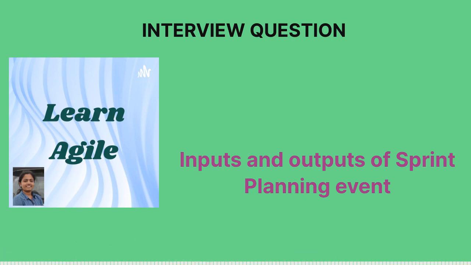What is the third input? Team's available capacity for the sprint. This is going to be a real input to understand the bandwidth of the team. Because, as I mentioned, the team has only the available bandwidth to work on only add and modify users, not on remove users.